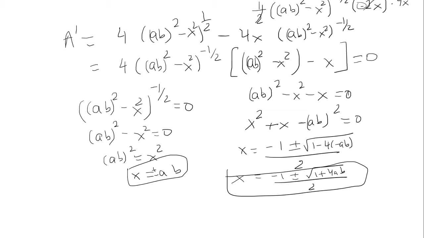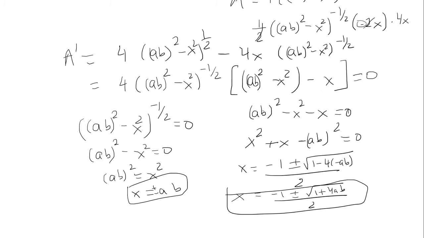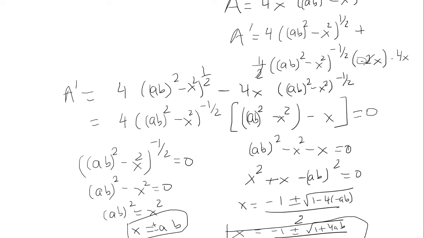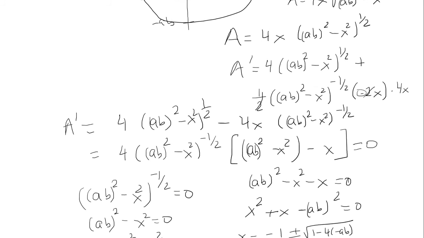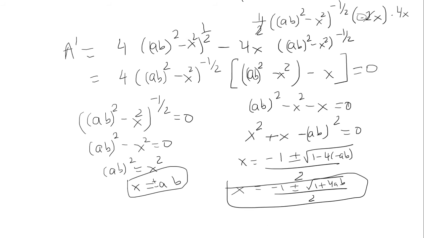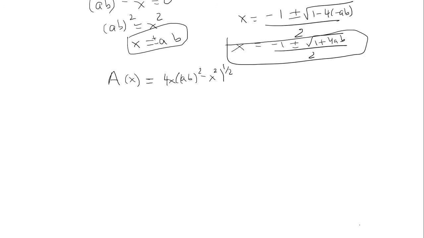So we want to maximize the area. And if we look back, the area was 4x times ((ab)² - x²) to the 1/2 power. So let's write that down again. If I plug in x = ab, this part is just going to be 0. So the area is just going to be 0, which doesn't really do anything.